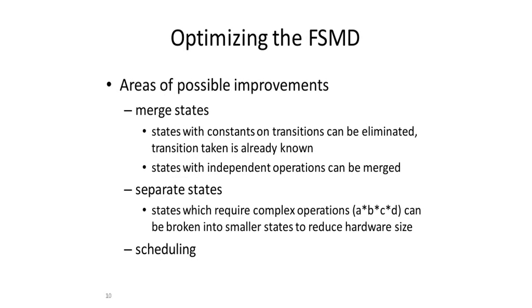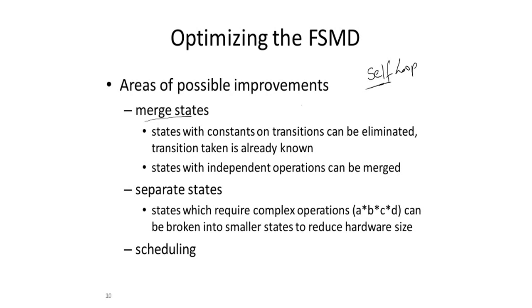FSMD, right? So how do you modify the FSMD? What are the possible modifications? So you can merge states. So if you compare with the last FSMD, what are the states you can merge? One state you can merge is the self loop, right? If there is a self loop, there is no need of a separate state, so that will come in the same state, right?